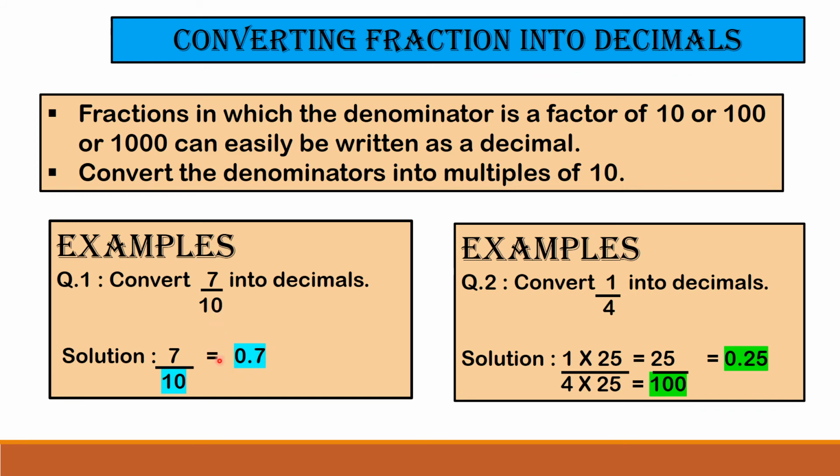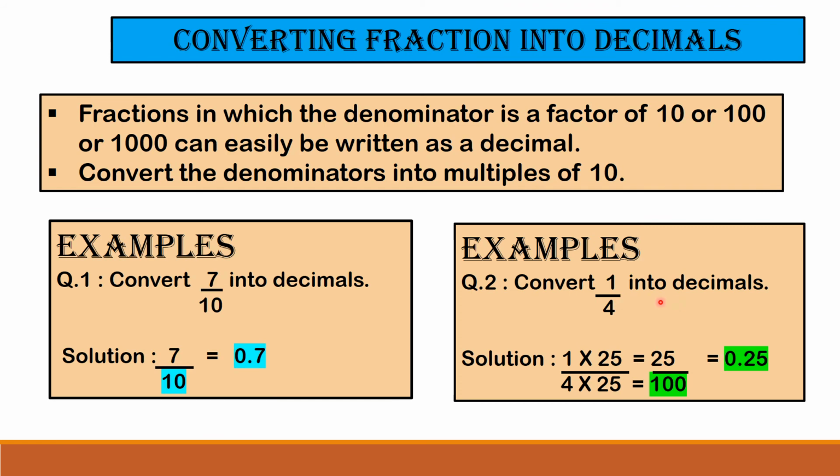If there is no number before the decimal, 7 is a single digit, there is no number before 7, so you will have to write 0 before the decimal. So 7 by 10 can be written as 0.7. After the decimal, there will be only one digit.